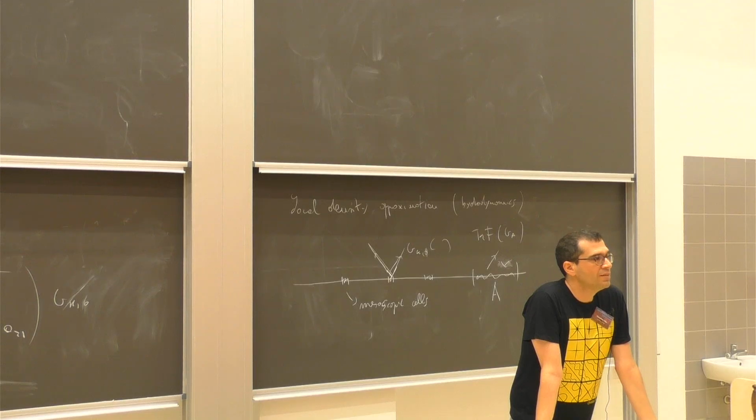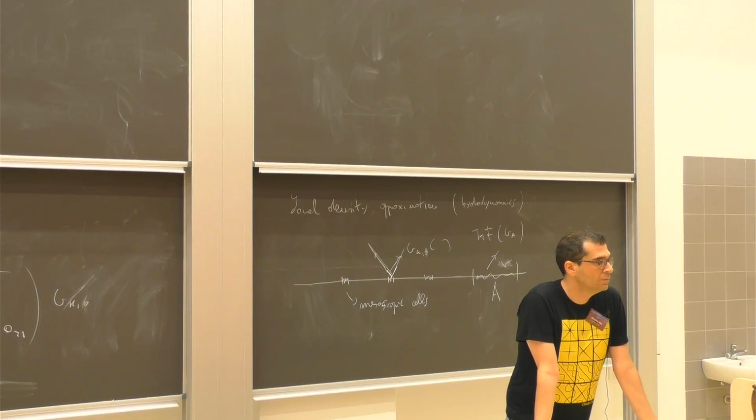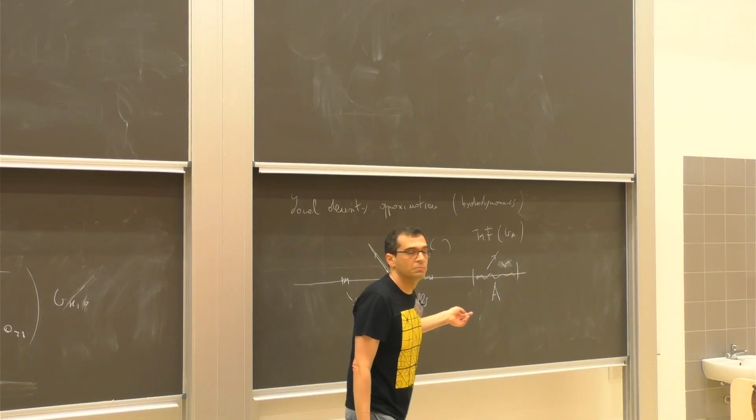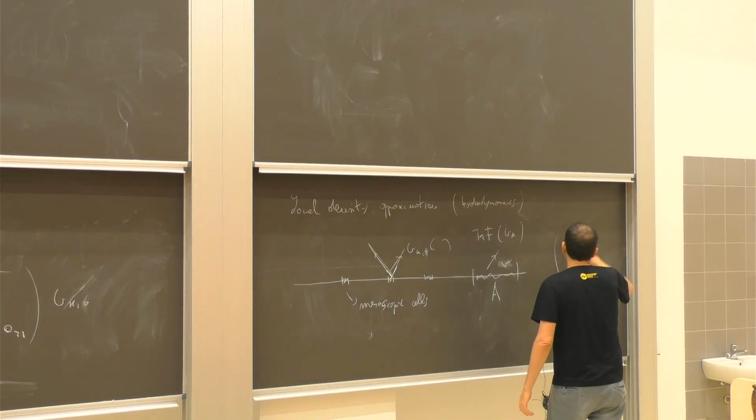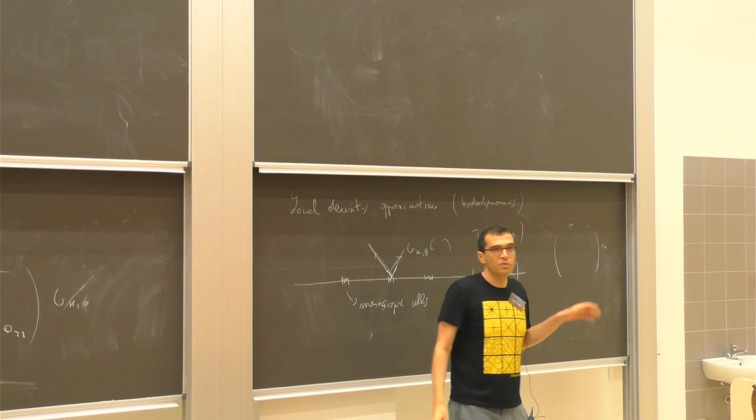But imagine now that we have, instead of pairs, multiplets. Then this looks much more complicated to do, but with this argument, it's easy. Now this GA is an n by n matrix, where n is the number of species.